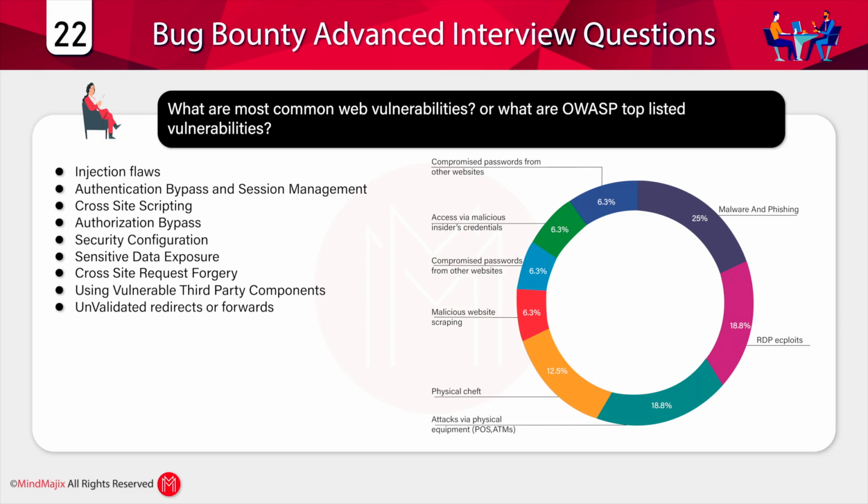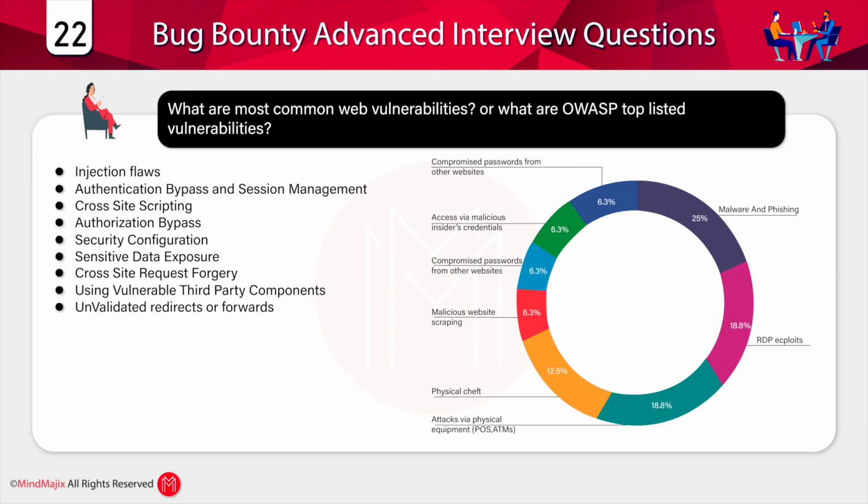All of this comes under injection flaws. Then authentication bypass and session management. Session management is nothing but cookie stealing. Okay, and cross-site scripting is one of the biggest vulnerabilities, and by this cross-site scripting vulnerability, hackers can easily execute malicious code in the client's browser.